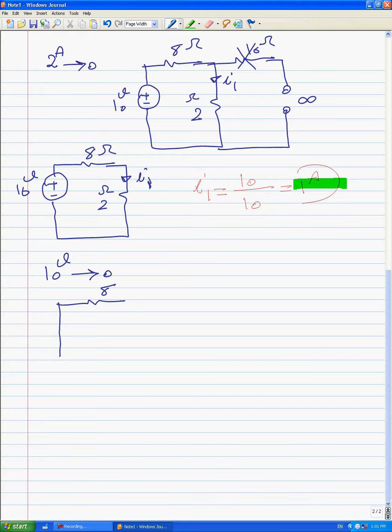We have 8 ohms here and 2 ohms here, and also we have 2 amps here. The goal is to find the current here, and this current is I2 now because we are in the second part of superposition.